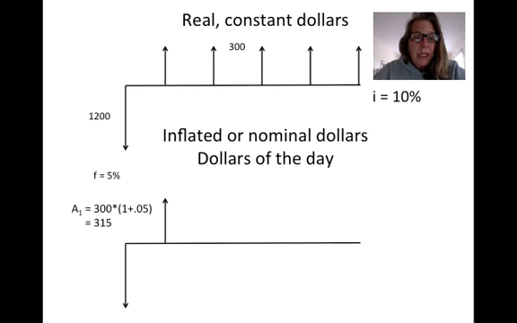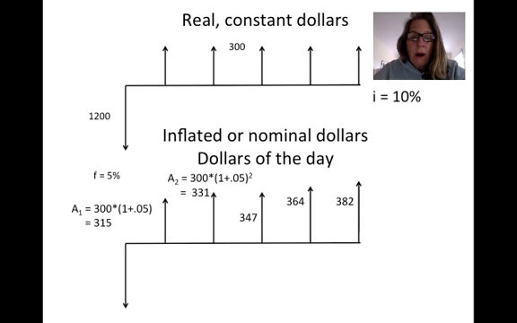But the next year is going to be 300 times the inflation rate, so it'll be 315. The next year is going to be 300 times 2 years of inflation, or 331. And then we continue on to get the cash flows every year that are going to be inflated at 5% a year.